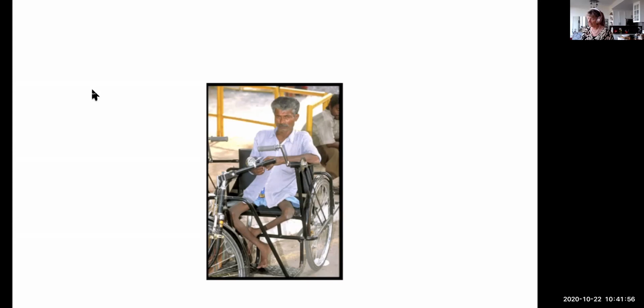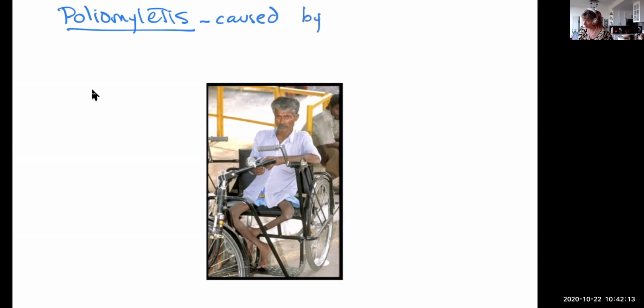There are two diseases of the spinal cord. One is called poliomyelitis, or polio. It's caused by a poliovirus. It's generally spread by fecally contaminated water.